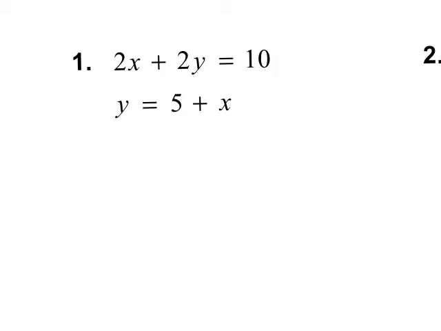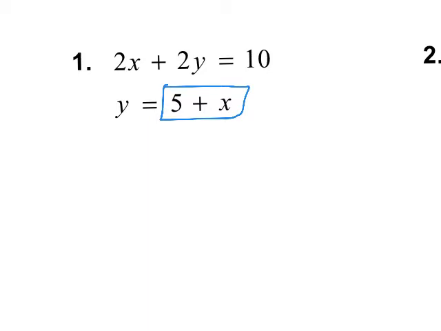If you have an equation that has x and y both in it, you can't solve down and get x equals a number or y equals a number, okay? So substitution is going to allow us to take two equations with two variables and turn it into one equation with one variable, okay? So as we stated, we know that y equals 5 plus x.